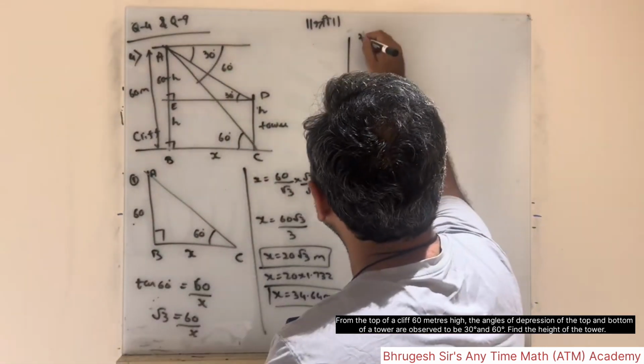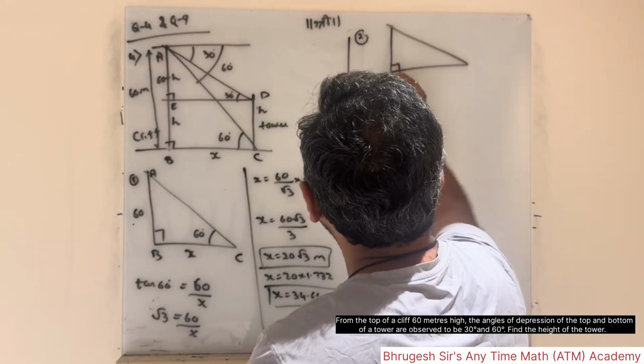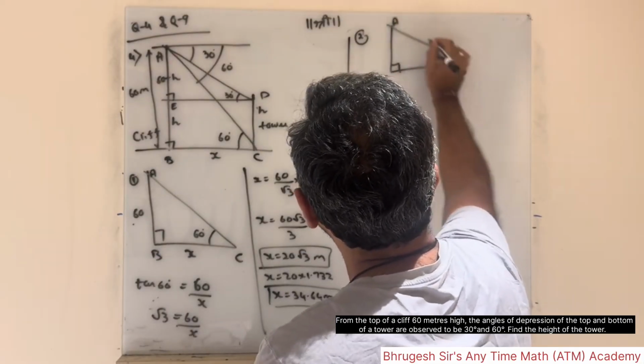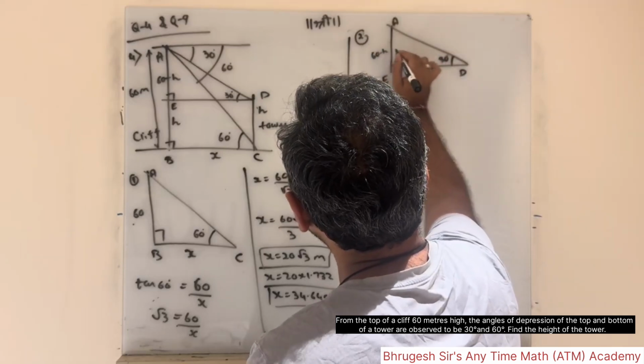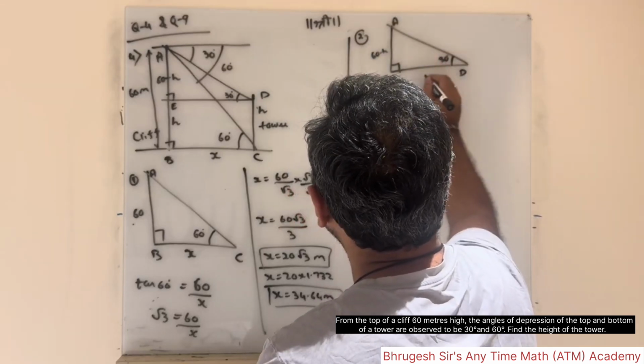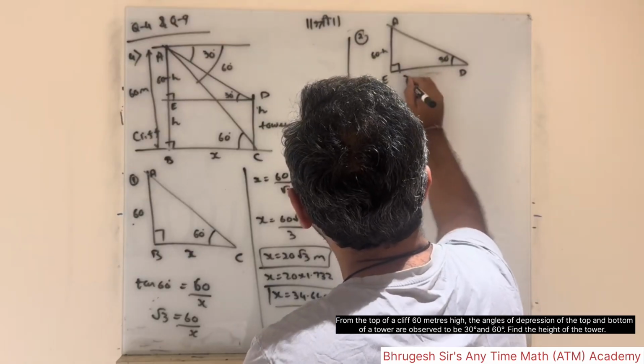Now take the second smaller triangle AED बेटा. ये 30 डिग्री है, ये 60 माइनस h है. ठीक है बेटा. और ये x है which is 20 root 3.